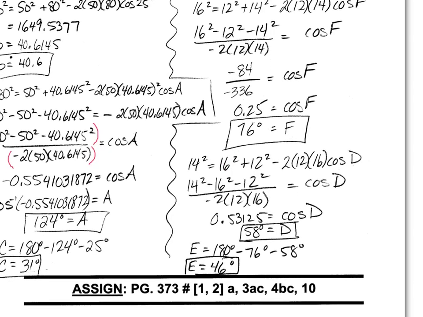So this will come over to the other side, this will come over to the other side, these will both be subtract. This, since it's multiplied there, will come over and divide. Punch it all in your calculator, or do it in 2 steps if you need to. And then cos inverse will give you this. And then I get E equals the last angle, 180 minus the 2 angles that we already have found.